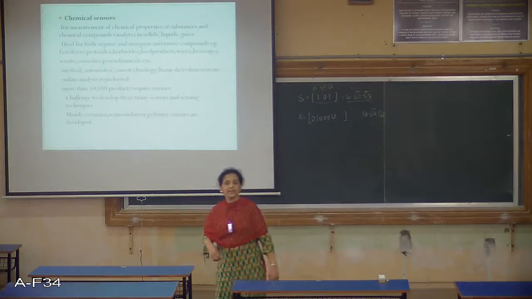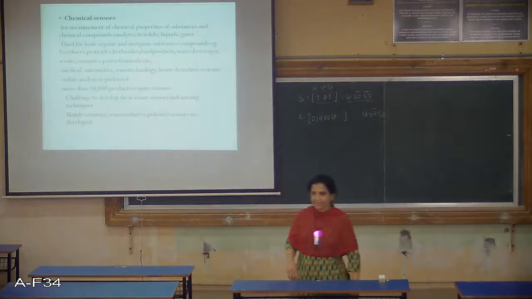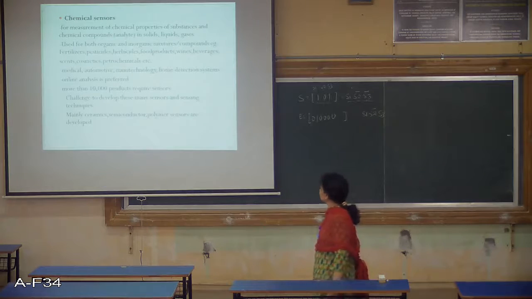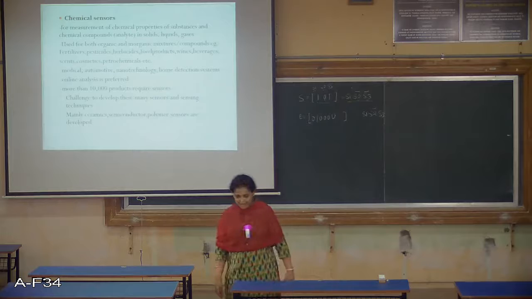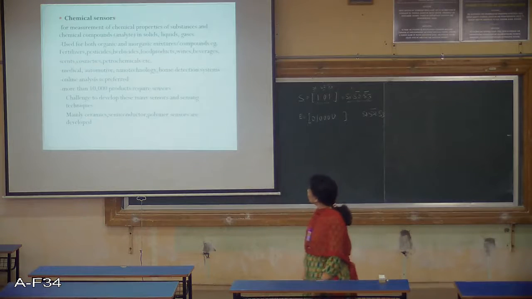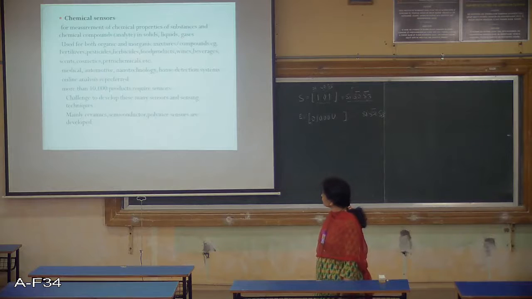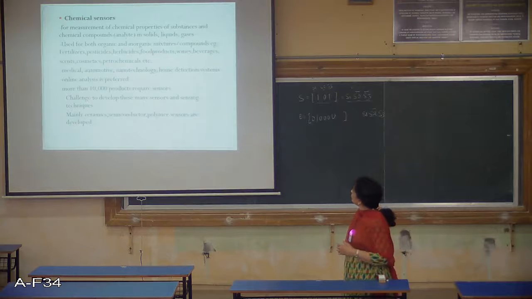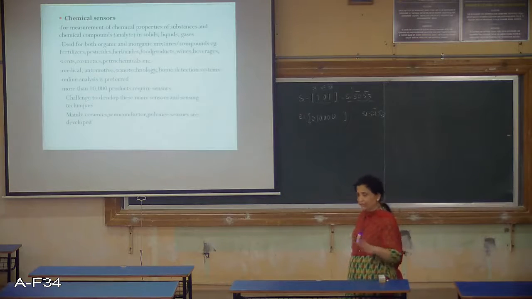Yeah, in continuation with yesterday's sensor class, we'll go ahead with chemical sensors today. Now basically chemical sensors are for measurement of chemical properties of substances and chemical compounds. These chemical compounds are called here as analytes, in solids, liquids, gases, in all the forms.